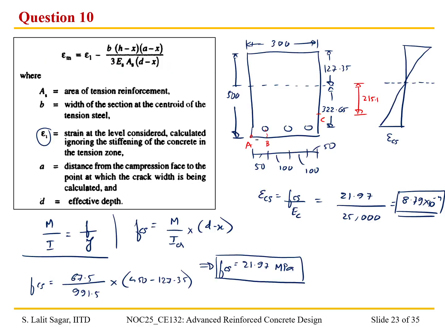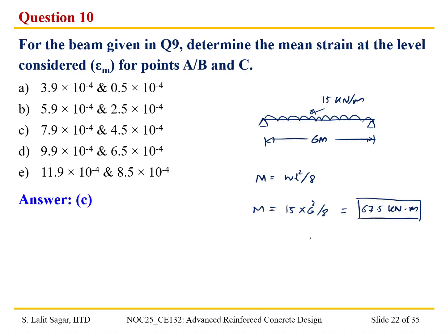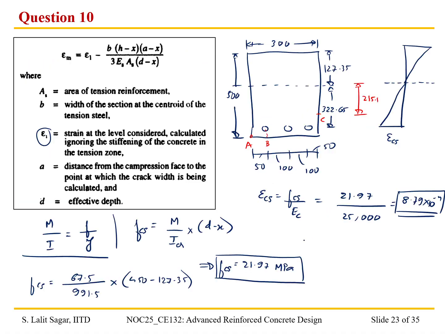Okay, epsilon 1 at this level and epsilon 1 at this level. So let me make use of the space over here maybe. Epsilon 1, I'm going to solve it here. Epsilon 1 at A or B, right?